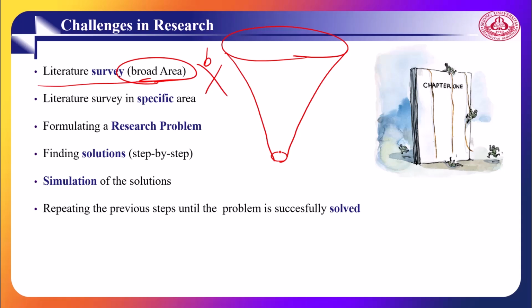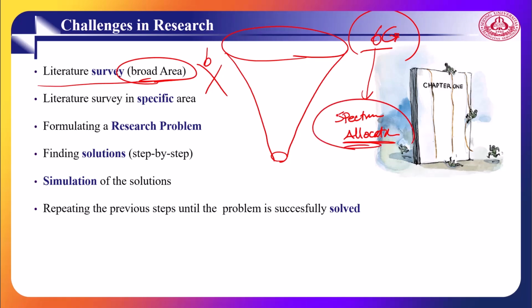So for example, if you search for some topic and you study, for example, in 6G networks, you only study the basics, the overview of 6G, but you want to work on, for example, a very specific problem of spectrum allocation. So a broad survey doesn't work. You must do the literature survey for spectrum allocation specifically, not 6G in broad, right?